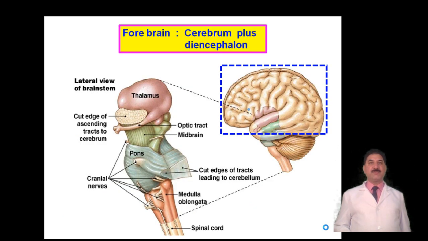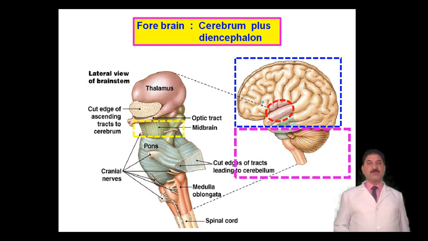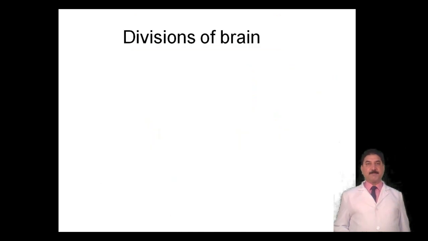In this slide, you can see forebrain consists of cerebrum and diencephalon. Cerebrum consists of two cerebral hemispheres, and diencephalon, which is hidden from the view, contains thalamus and hypothalamus. Midbrain, which connects forebrain with the hindbrain, which includes pons, medulla oblongata, and cerebellum.